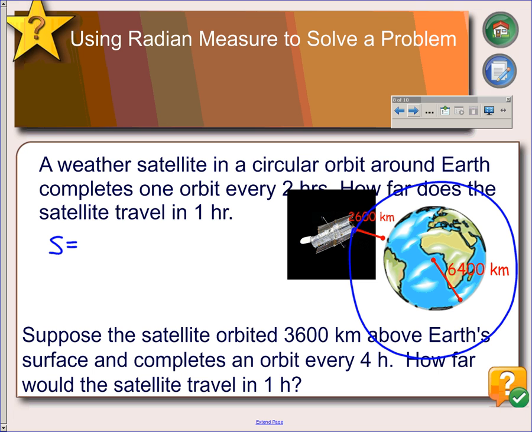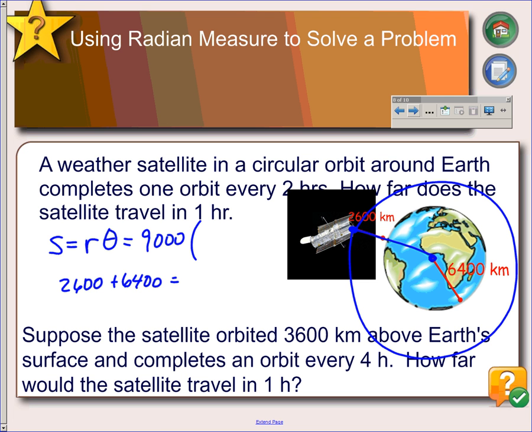So using our formula, S equals r theta, the radius for the satellite is from its point out here in space all the way to the center of the Earth. So the radius is 2,600 plus 6,400, which gives us 9,000 kilometers.